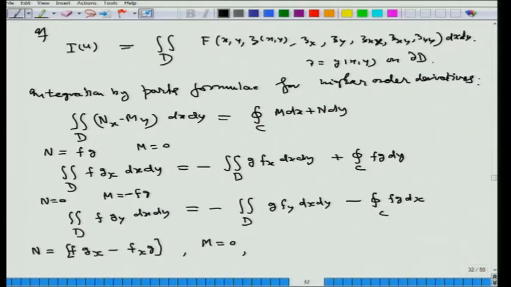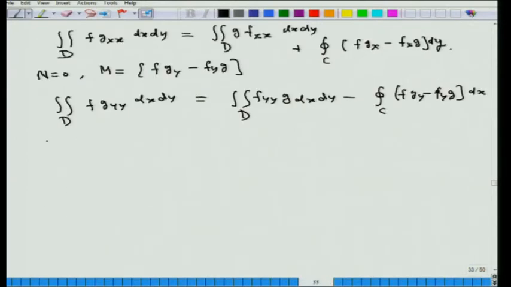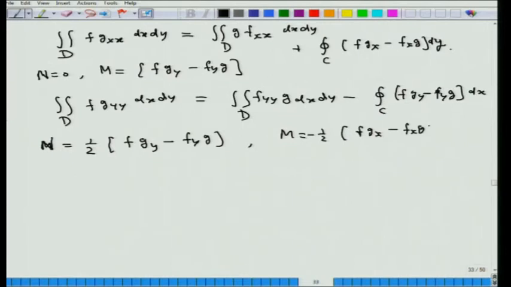Also, since n involves x derivative, if we take here y derivatives of this type, then we will have a mixed kind of thing. So that is what we will take. So m equal to, let us say, half of rather n, half of, now here we need to take y once, f g y minus f y g, and m equal to minus half of f g x minus f x g.